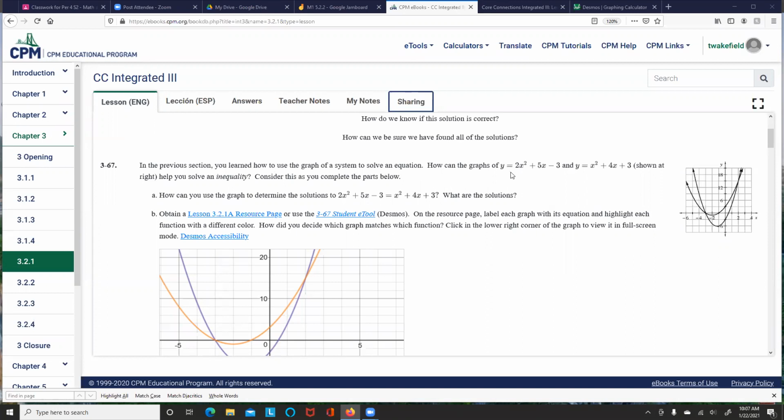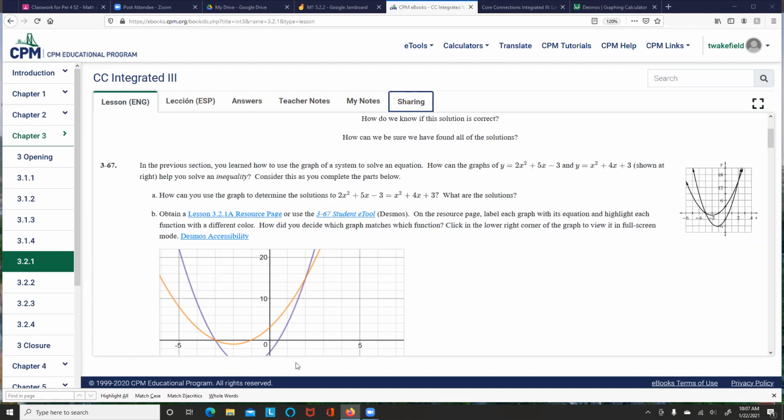How can the graphs y equals 2x squared plus 5x minus 3 and y equals x squared plus 4x plus 3 shown at the right help you solve an inequality? Consider this as you complete the parts below. How can you use the graph to determine the solutions of this parabola equal to that parabola? What are the solutions?